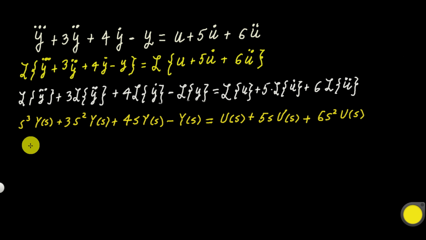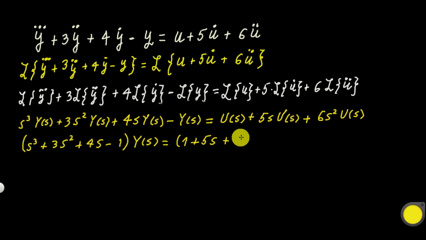Next, we can group the terms together. So we will have on the left-hand side s to the power 3 plus 3s squared plus 4s minus 1 multiplying Y(s), is equal to, on the right-hand side, 1 plus 5s plus 6s squared multiplying capital U(s).